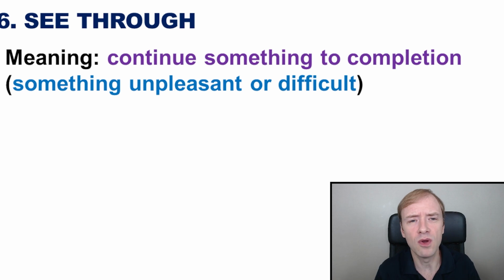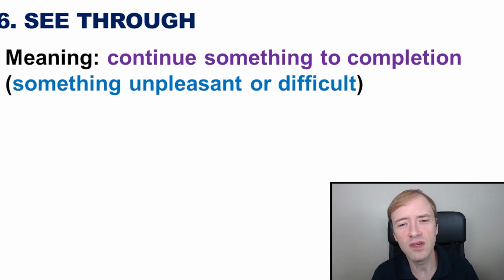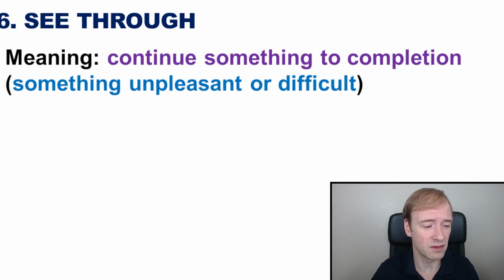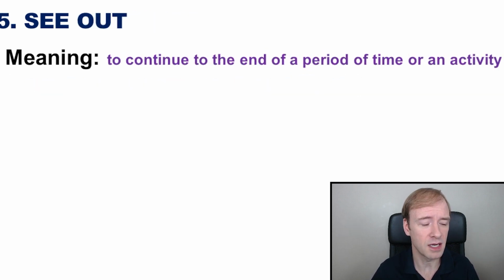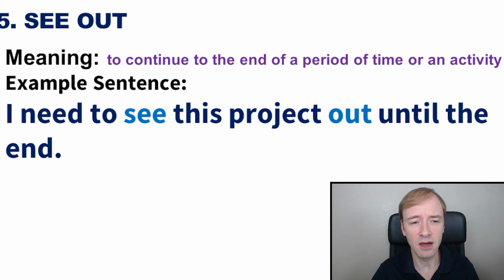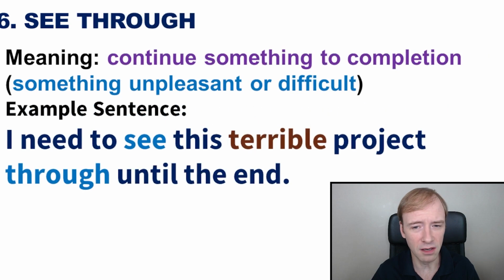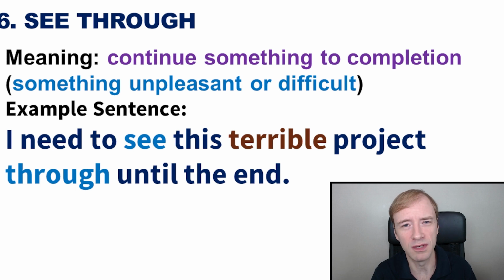But see through, we often use with something unpleasant or difficult. Now, our example sentence here, I need to see this project out until the end. Well, here, I need to see this terrible project through until the end. Okay, so this is more of a negative or unpleasant, difficult situation.